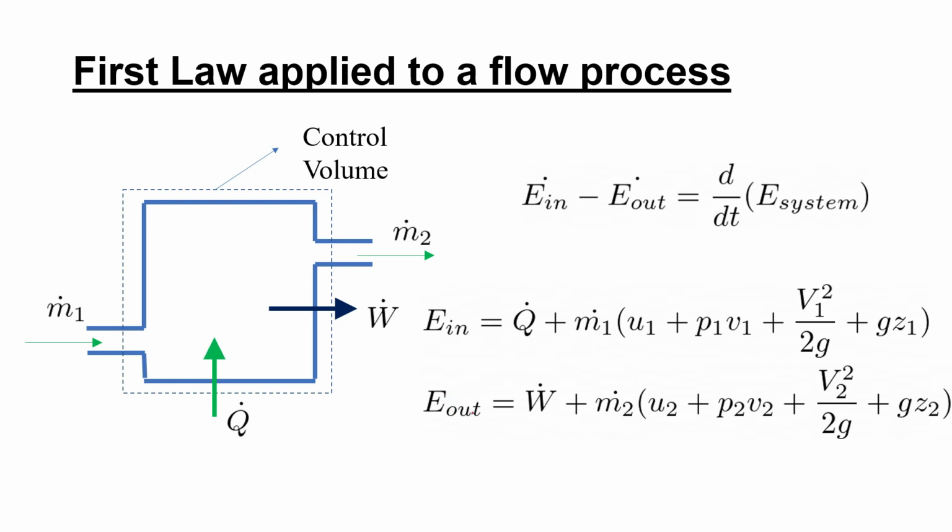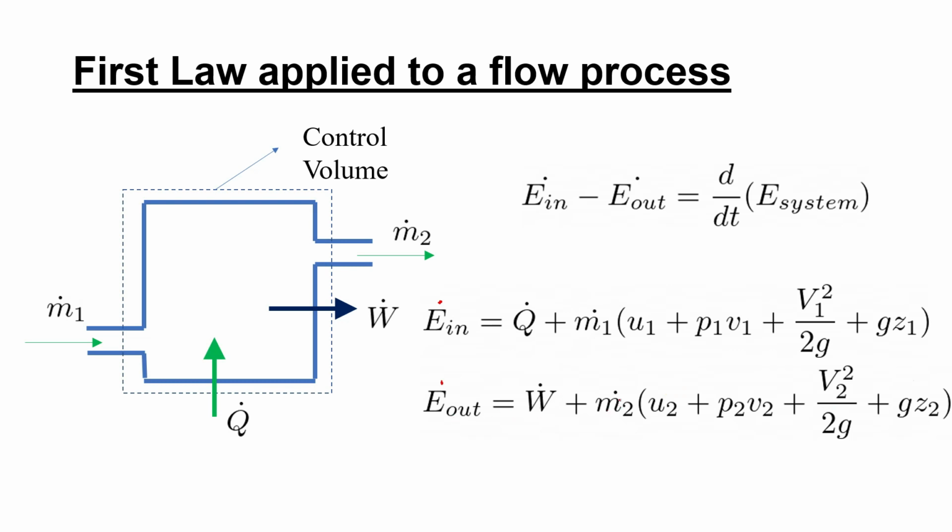E dot out, the energy going out, is equal to W dot plus m2 dot. If it is doing work, then energy is transferred outside, plus the fluid that is going out carries an energy: internal energy, flow work, kinetic energy, and potential energy.